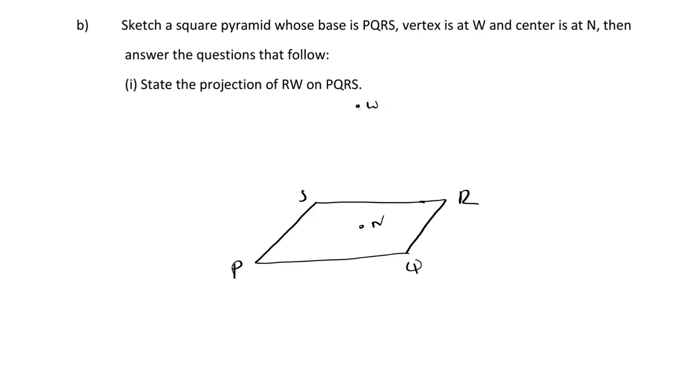Okay, so here we are drawing the line PW, and here is SW, and here we are drawing QW, and here we are drawing RW. Okay, so from our sketch, we can conclude that the projection of RW on PQRS is line PR.